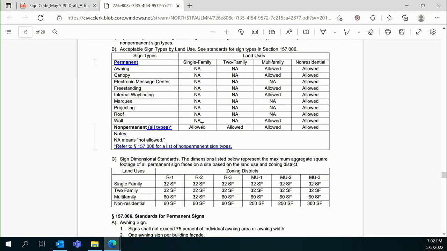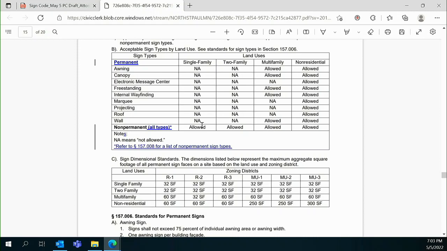So if you format both the tables similarly, the single-family and the two-family lines up. But she's doing it by district. Understood. The districts would be in rows. So you're making parallel structure with the two tables, so that the single-family column is in the same place on both tables. Along the top, right, and the zoning districts ends up being the row.